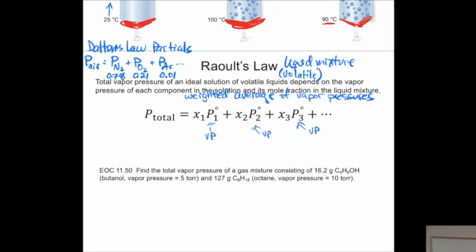A normal average is where you add 3 things up and you divide by 3. That's assuming that they have equal weight. A weighted average, you've got to factor in the proportion that each one is in the total. They're not going to be equal. So that's what X1 and X2 and X3 are. These are the proportions. This is what we call the mole fractions.